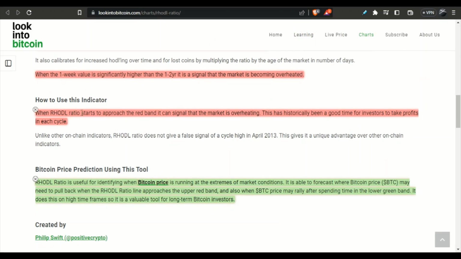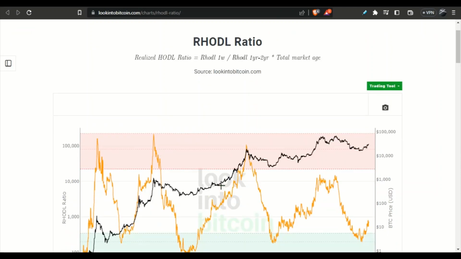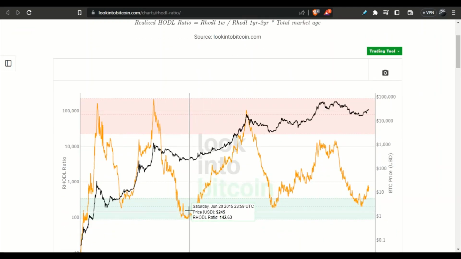When the RHODL ratio starts to approach the red band, it can signal that the market is overheated. This has historically been a good time for investors to take profit in each cycle. So this indicator helps us detect the bottoms and the tops, generally around the area.